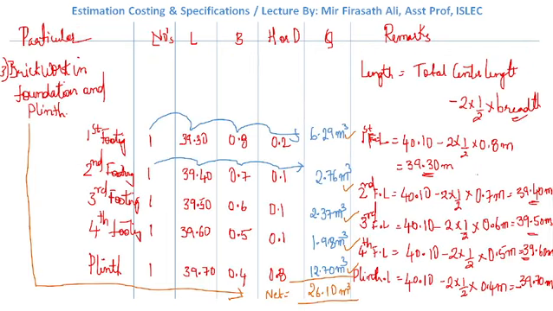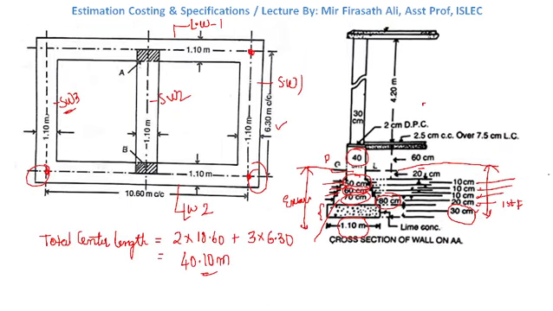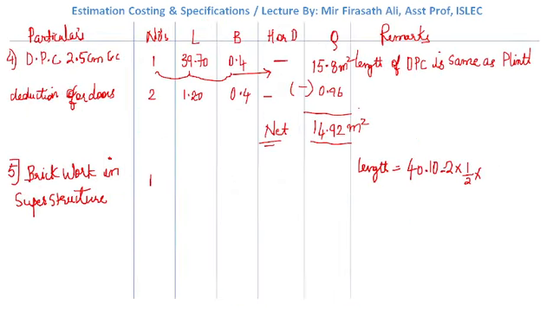Here we will take the breadth of wall. What is the breadth of wall? 30 centimeter, that is nothing but 0.3. If we do this calculation, it is 39.80 meters.